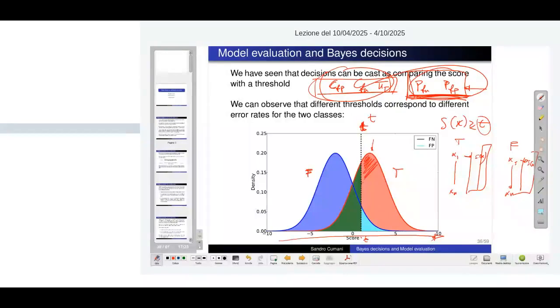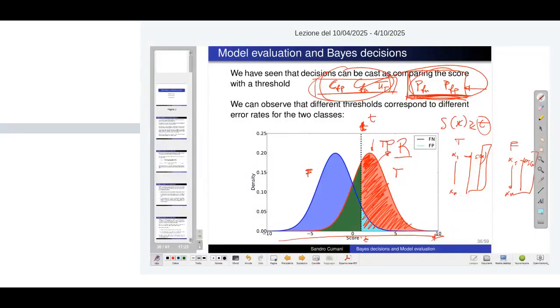This fraction of samples here will be samples from class true that are correctly classified, true positives. Remember that the areas of these curves sum up to 1, so the area between the dashed line and below the red curve is the true positive rate. If the areas of the histograms are normalized, this area is actually the rate.